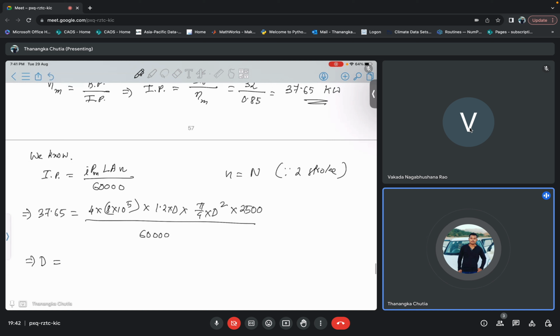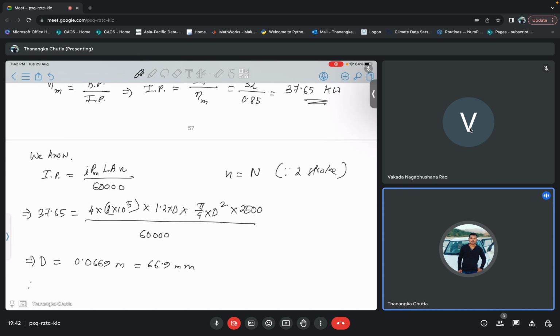And from this you will get your D will be equal to 0.0669 meter, and that is equals to 66.9 millimeter.